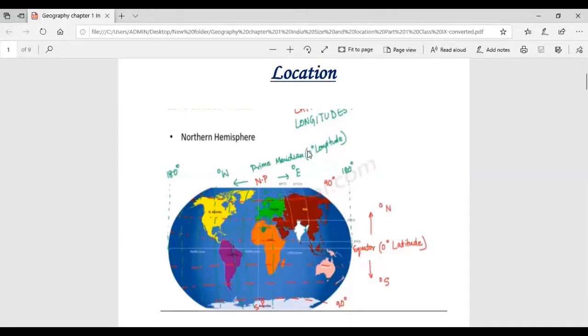And in the extreme west, the longitude is 180 degrees. Here you can see the extreme west point. And even in the extreme east, it is 180 degrees.